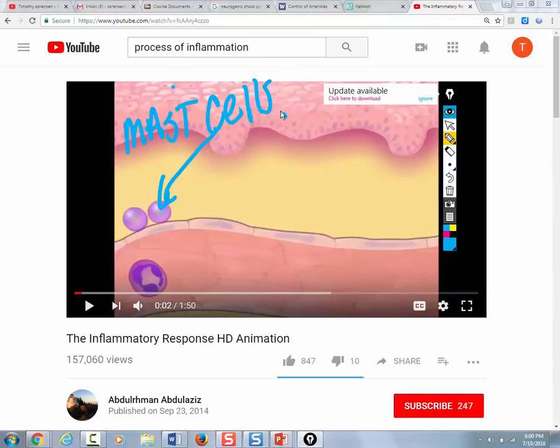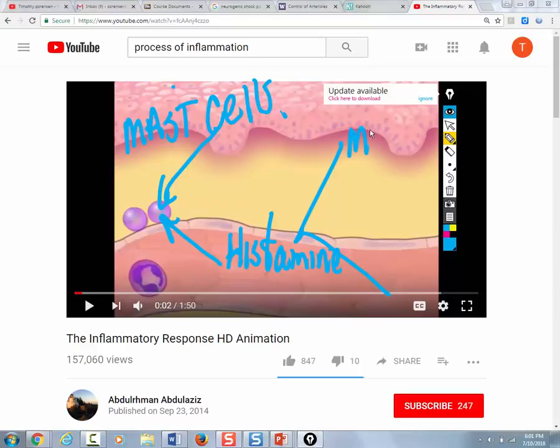Did you ever hear of mast cells? Sweet. And mast cells contain a chemical called histamine. When mast cells release histamine, histamine does two huge things.